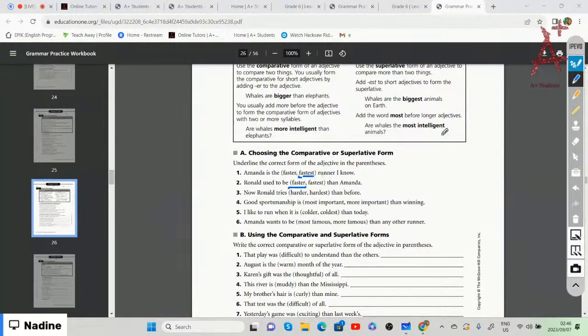Now Ronald tries, is it harder or hardest than before? So he's trying harder than before. And good sportsmanship is most important or more important than winning, right? So it is more important than winning.